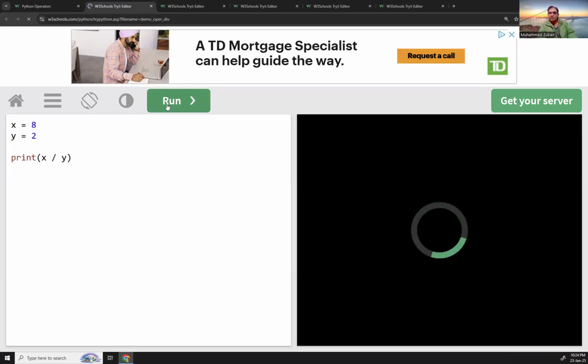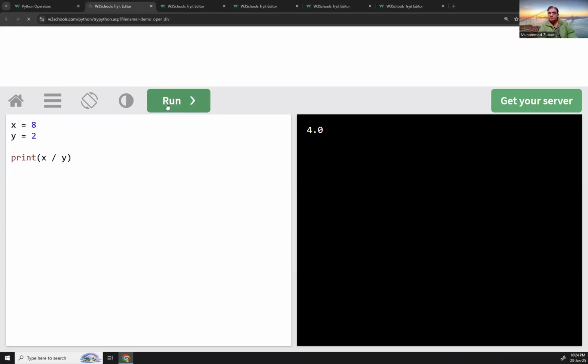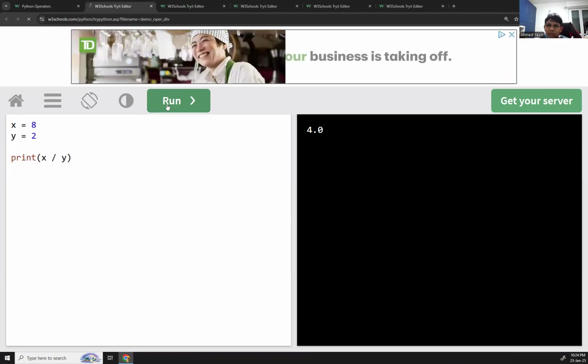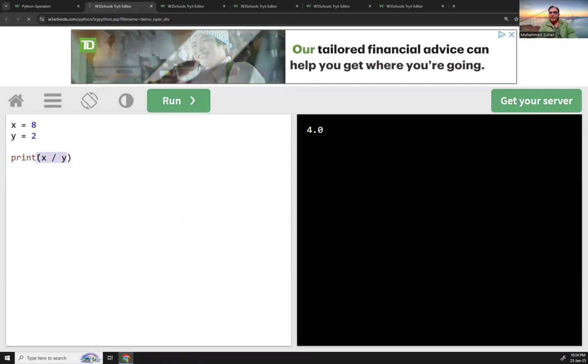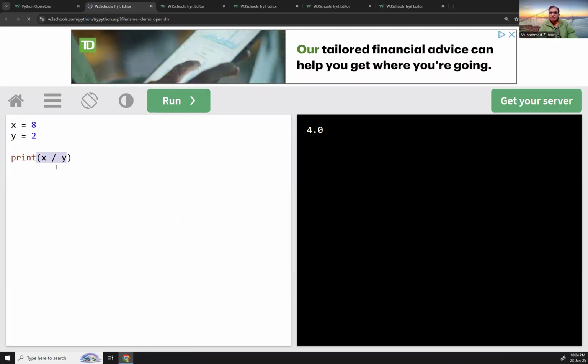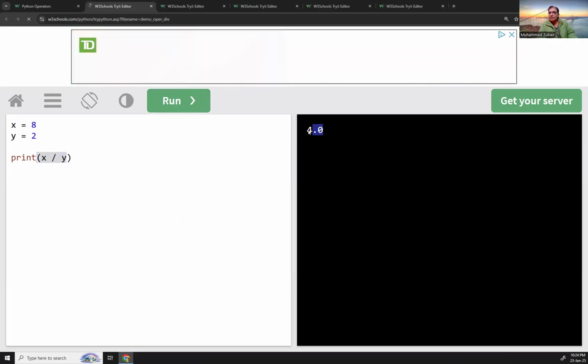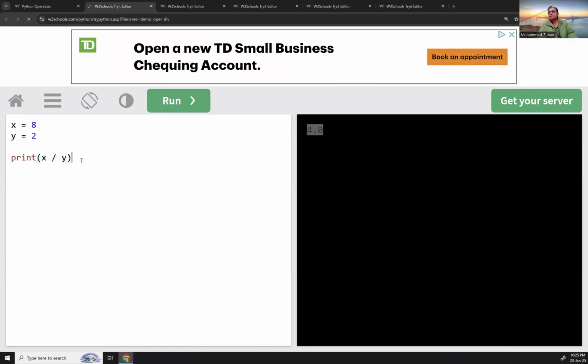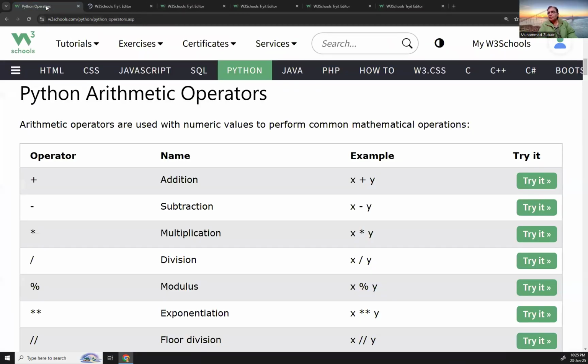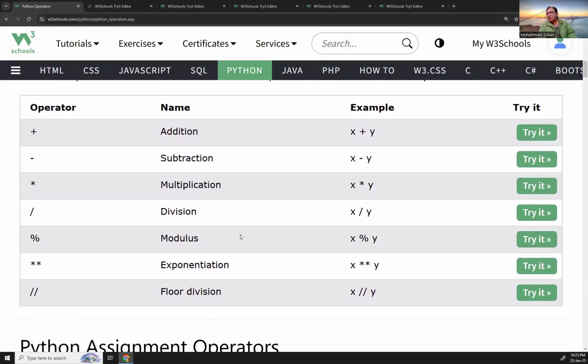Then two fours are 8, so it becomes 4. You turned it to float. Yes, actually when we divide, the answer automatically comes as a float. Okay.